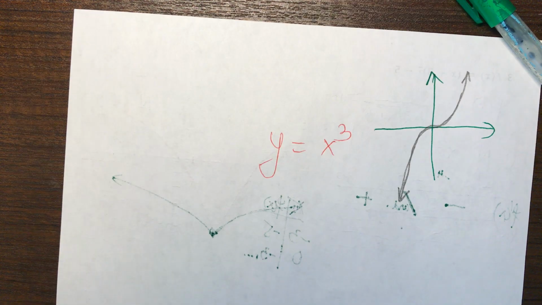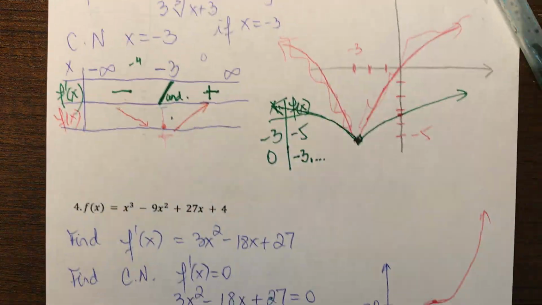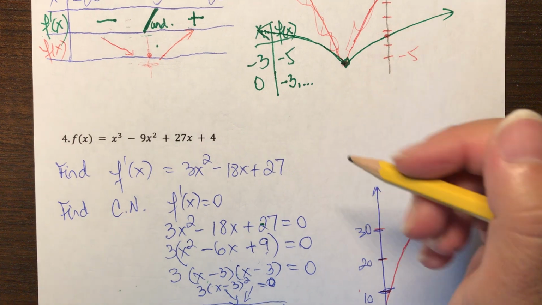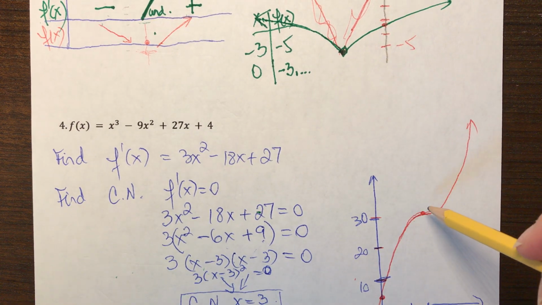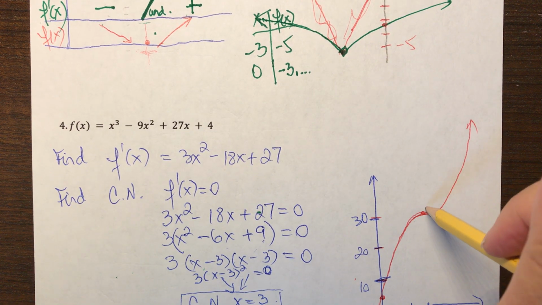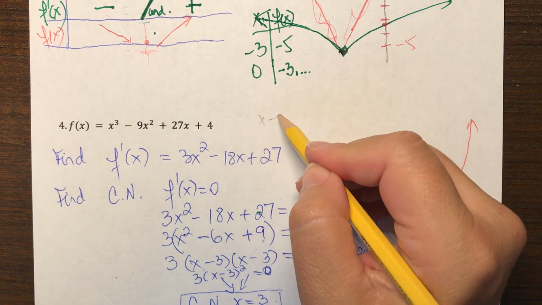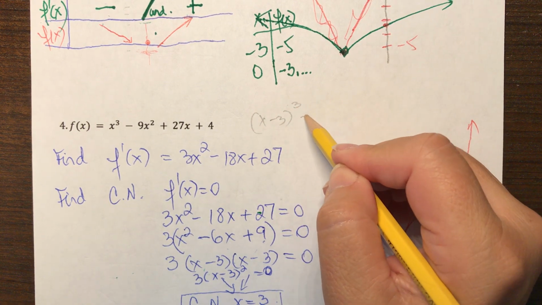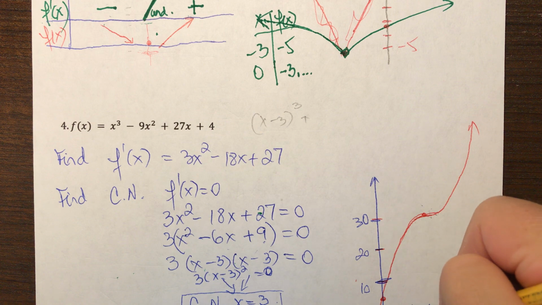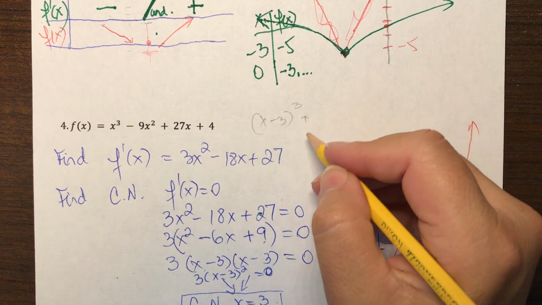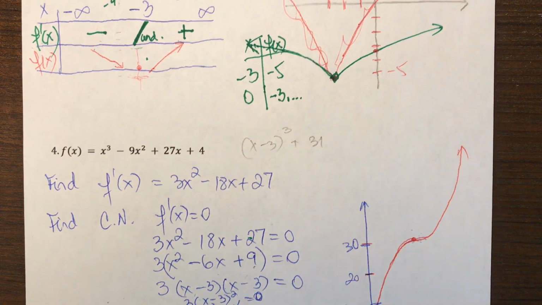By the way, if you were to factor this, in fact, you would find the cubic (x minus 3) cubed plus 4. Or plus, maybe not 4, plus 31. There you go. That's the cubic function.